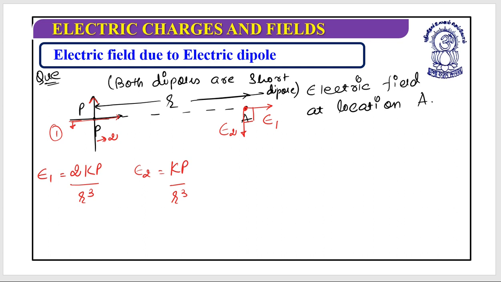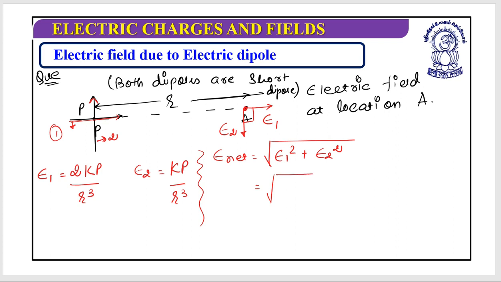So for E net, I need to calculate like this: E1 square plus E2 square plus 2 E1 E2 cos theta, but theta is 90 degrees, so that term vanishes. The remaining part, E net, would be equal to under root of E1 square plus E2 square.